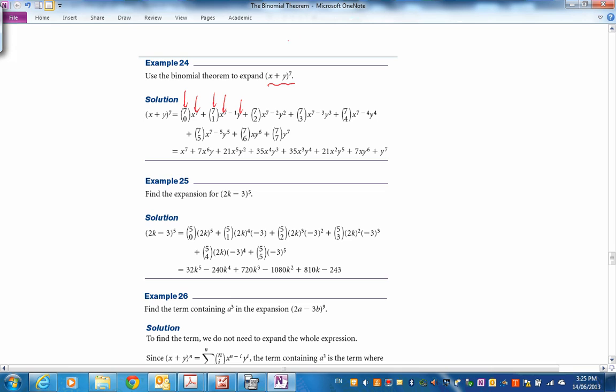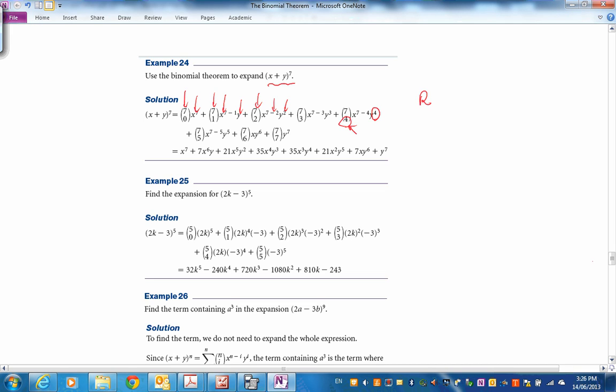How many terms have we got? Then you reduce the x power by another one, so it's down to x to the 5th, and y squared comes in. Y goes to the 2, and it's C7 2. Can you get the pattern here? If you look at the y power, it's the same as the number in the bottom of that combination expression there.